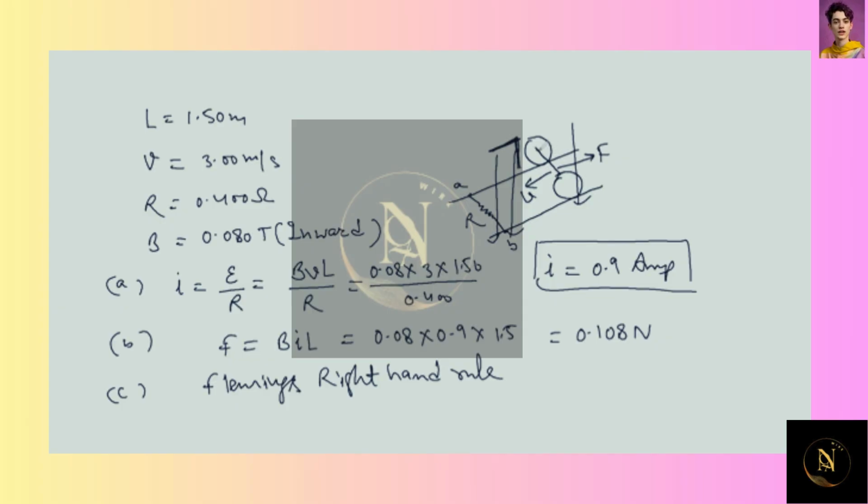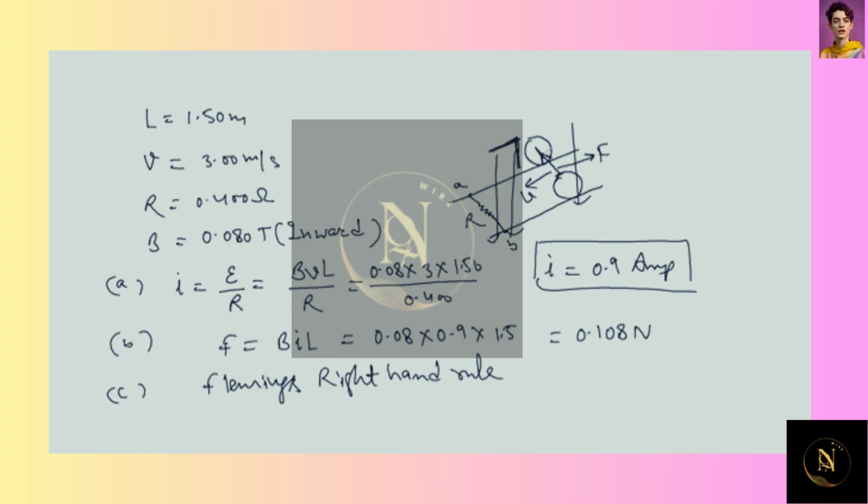So this direction of current comes out to be upward, means from this wheel on the lower rail to the wheel towards the upper rail.